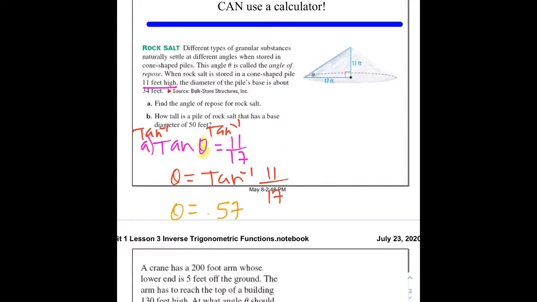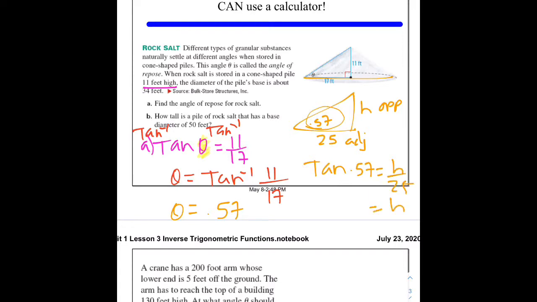So when we go to part B, they want to know how tall the pile of rock salt is that has a base diameter of 50 feet. It's ultimately the exact same picture, but now we know that the angle of repose is 0.57 radians. We need to find the height. And if they told us that the diameter was 50 feet, that means that the radius would have to be 25. The height is an opposite value. The 25 is an adjacent value. So this is another tangent problem, but this time we would not use an inverse because we know the angle.